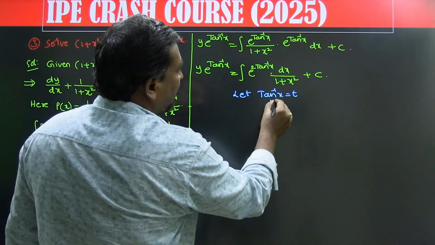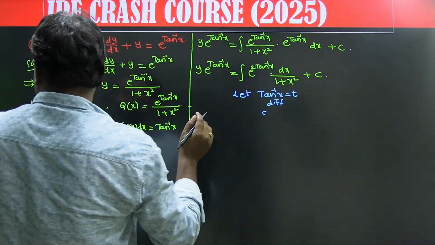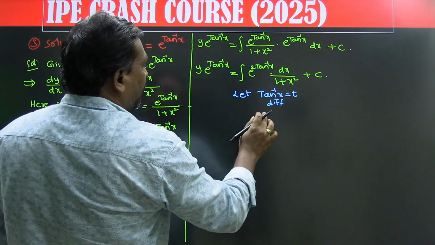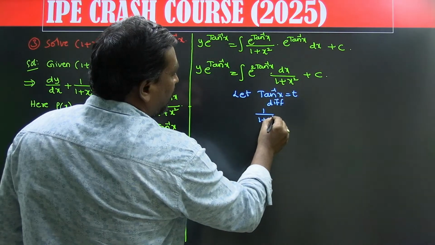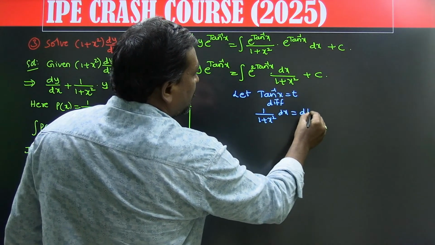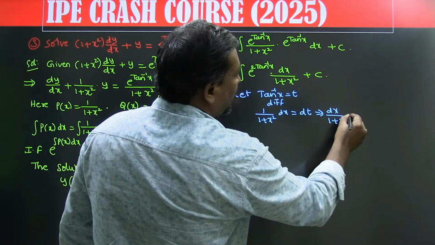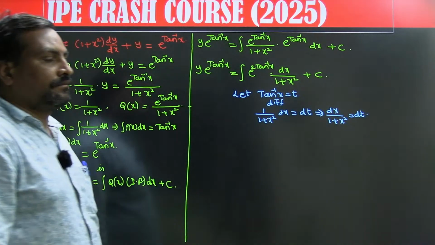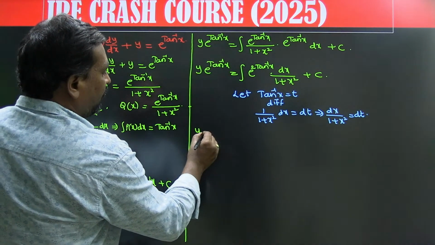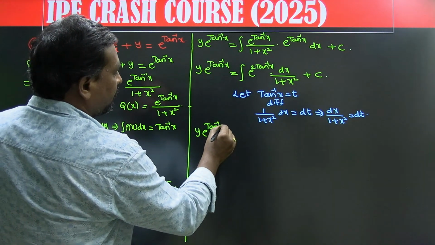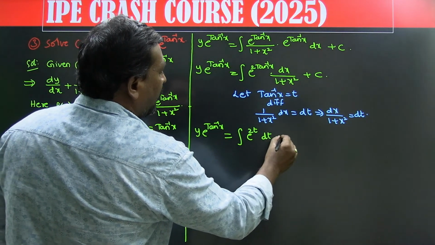Differentiating, tan inverse x differentiation is 1 by 1 plus x square, so dx by 1 plus x square is equals to dt. So the total equation becomes y into e power tan inverse x is equals to integral e power 2t dt plus constant c.